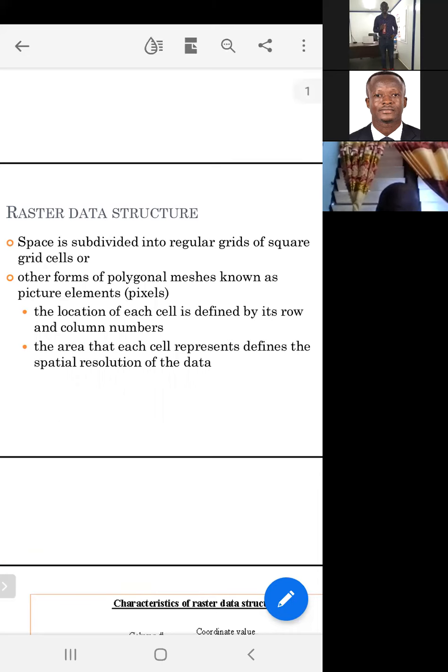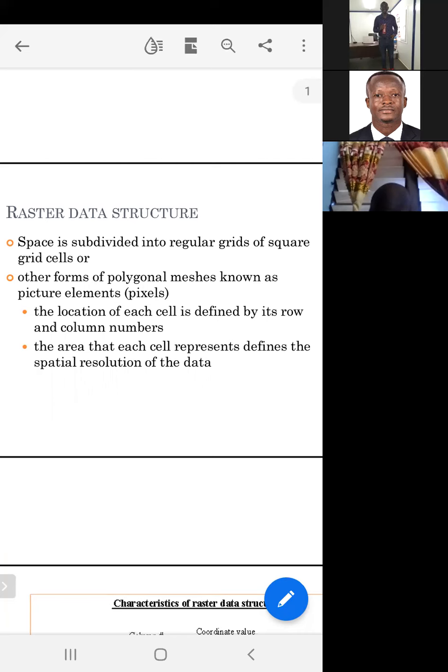Now you can have other forms of shapes, what we call polygonal meshes. A mesh is like some form of a net. So we can have different ways of subdividing the space.